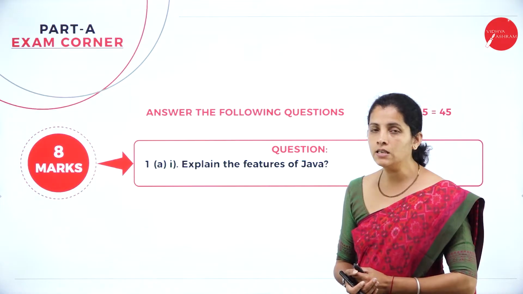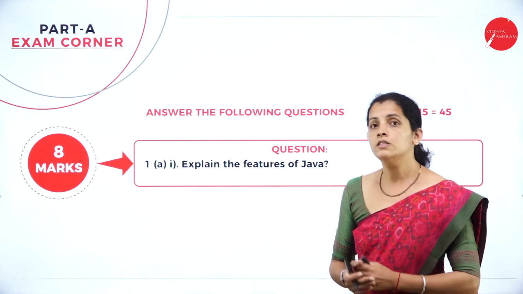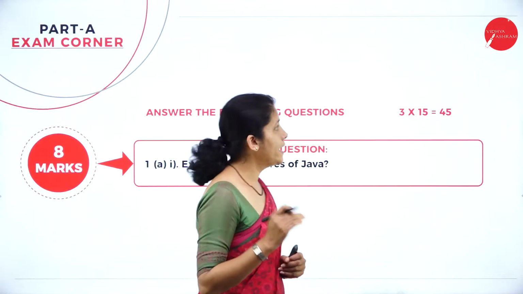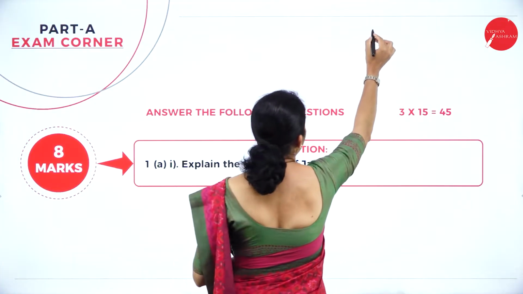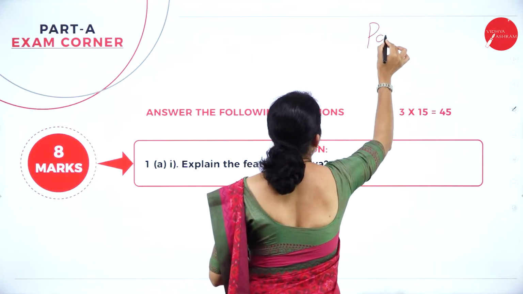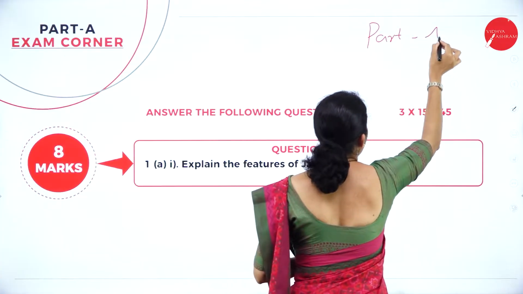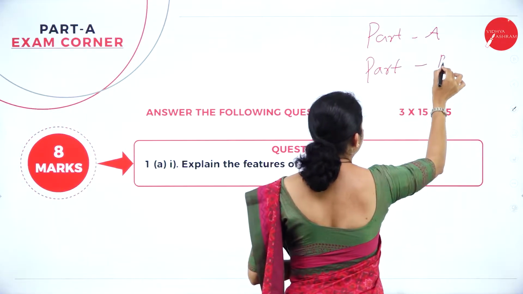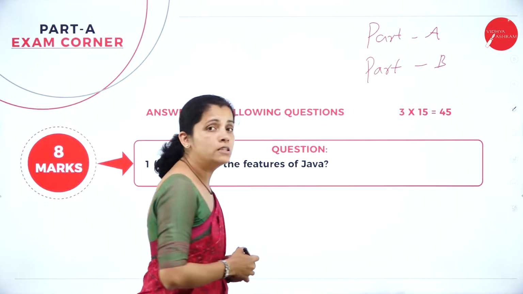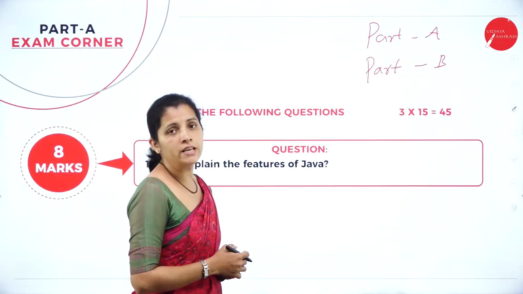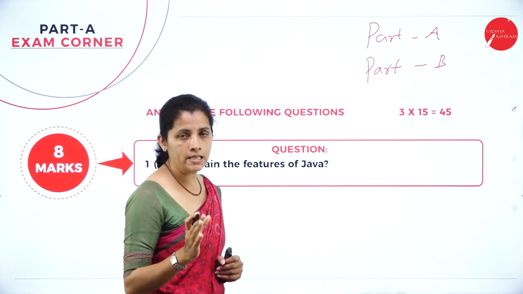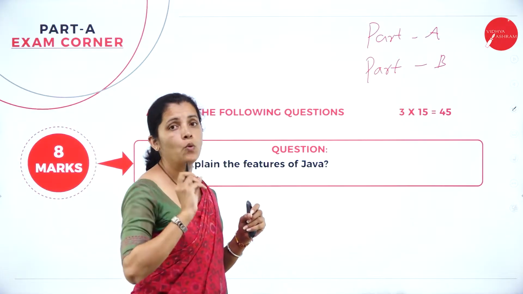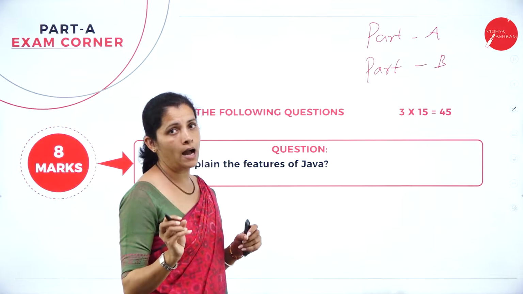And if I consider second semester Java paper, then I'm going to have two parts, that is part A and part B. And this paper is especially for 60 marks, in the sense I'm going to write the exam only for 60 marks.